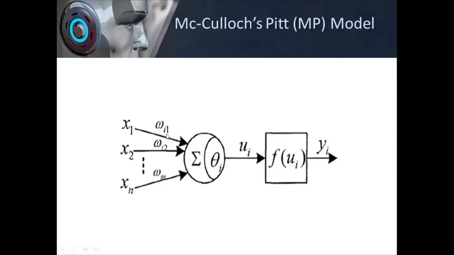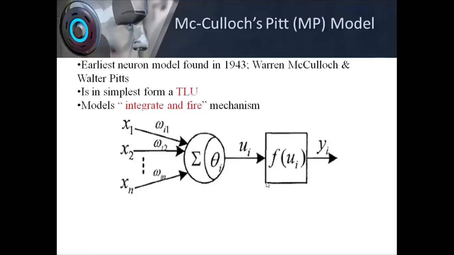So the strength w_i1 is the strength of the interconnection between the ith neuron and the first input. Similarly, w_in indicates the strength of the interconnection between the ith neuron and the nth input. All these inputs are coming and they are thresholded. Normally the threshold is applied and finally it is passed through an activation and we get an output.